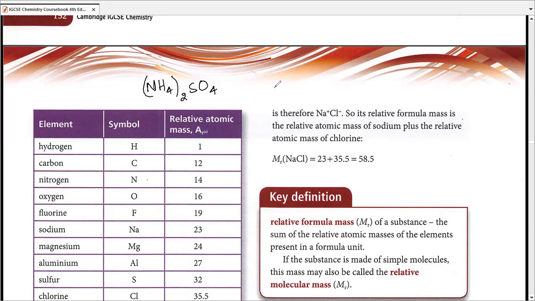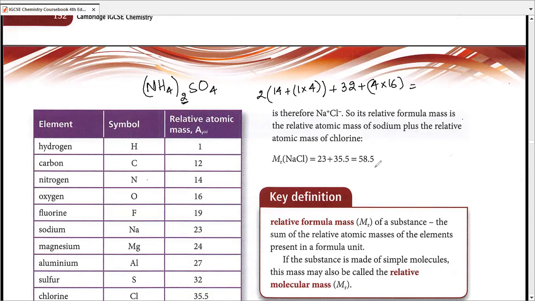We take nitrogen, nitrogen is 14. We take hydrogen, hydrogen is 1. But since there are 4 atoms over here, multiply this by 4. Since the whole thing has a 2 outside the brackets, you multiply the whole thing by 2, and then you add to it sulfur, which is 32, and oxygen, which is 4 into 16, and then you're going to get the total.